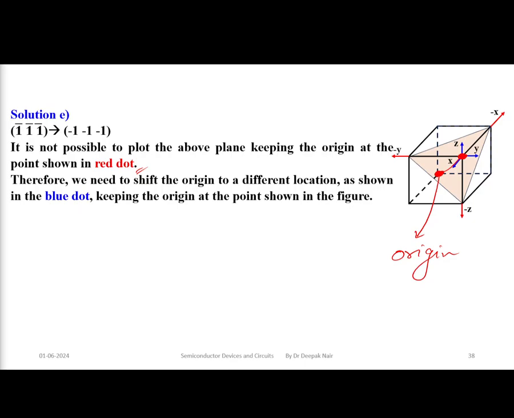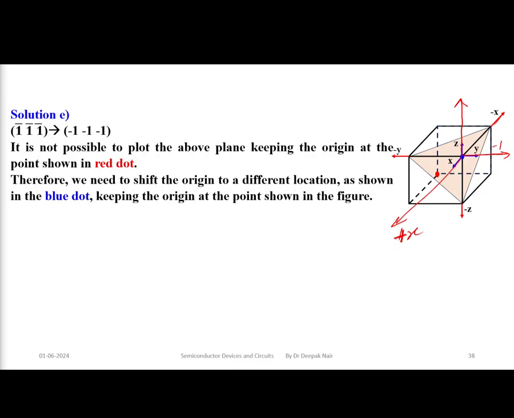So we have the new x-axis, which is this one on the top, the new y-axis, this one, and the new z-axis, this one. If this line is positive x, then we will end up with this line, which is negative x.